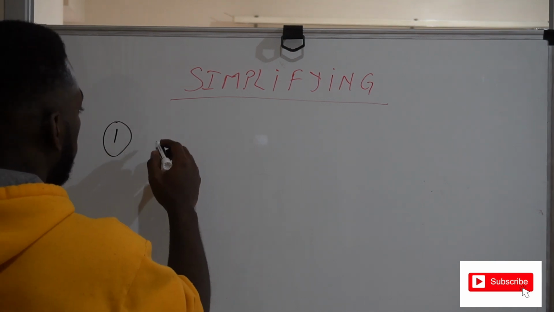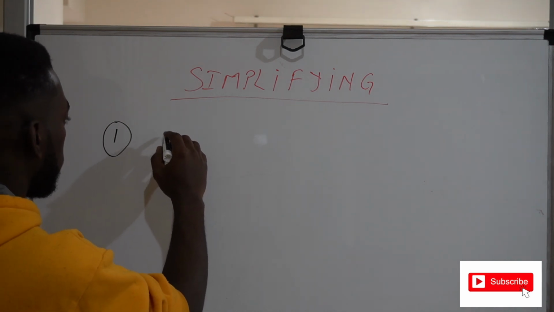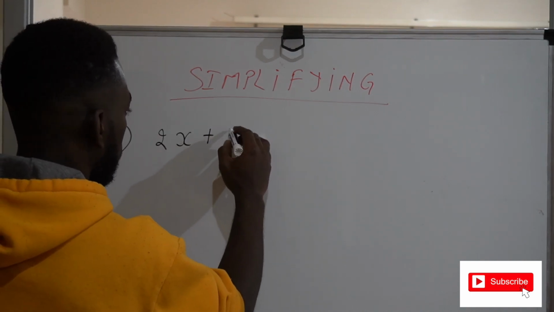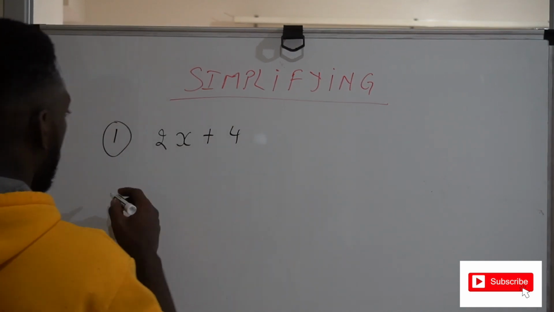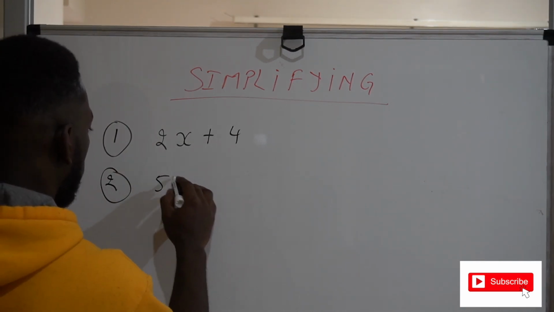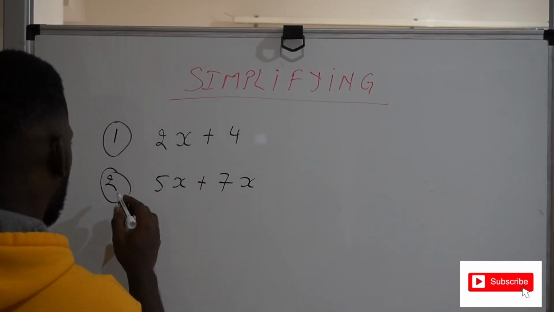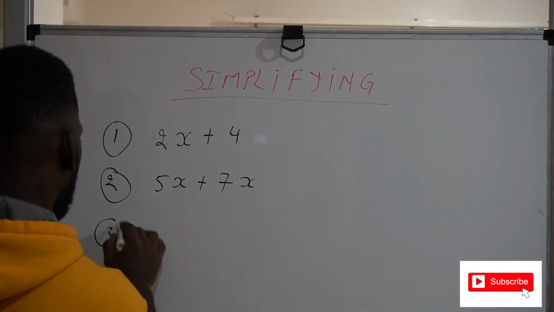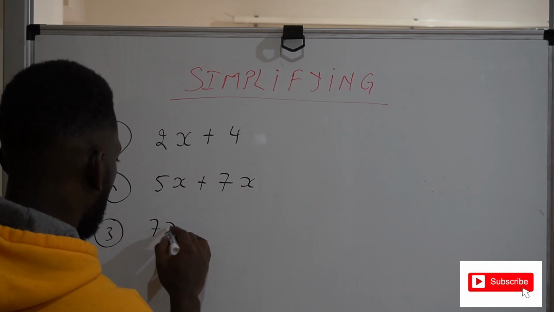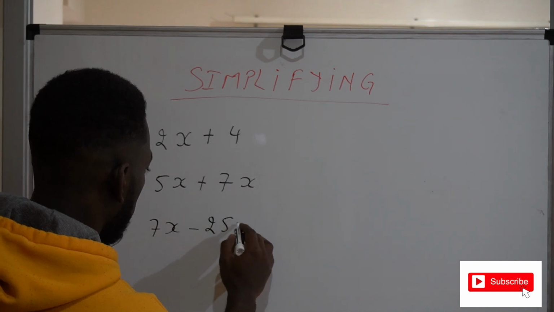Number one, you can have, let's say, 2x plus 4, and number two, you could have 5x plus 7x, and number three, you could have 7x minus 25x.